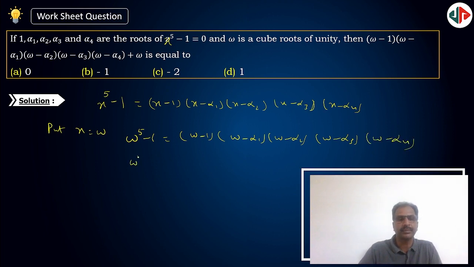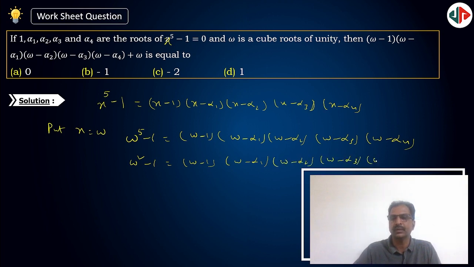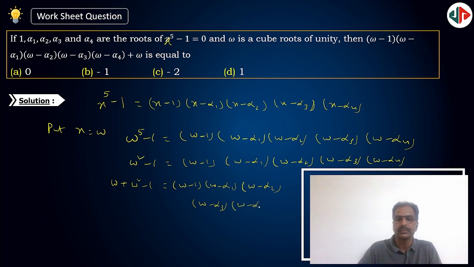Omega power 5 is nothing but omega square. Now, to get the required value, you have to add omega on both sides. Now, omega square plus omega is minus 1. So this will be minus 2, which is the required value. So answer is minus 2.